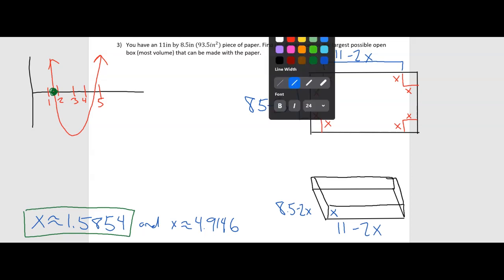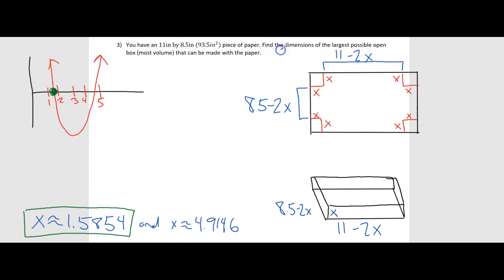Now, something to note, something that may be interesting, is that this value right here actually wouldn't even be a possible value, right? If we cut 4.9 inches out of each of these corners, well, if the entire side here is 8.5, there's no way that each of those cuts could be 4.9, because both of those combined would be more than 8.5.